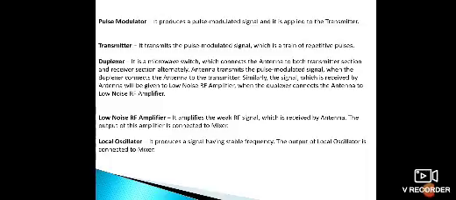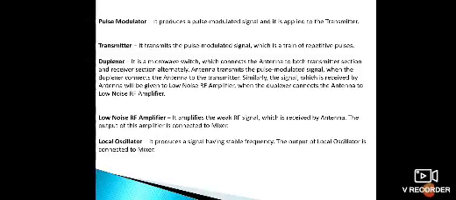So the pulse modulator produces pulse modulated signals, and that can be applied to the transmitter. What the transmitter does is transmit the pulse modulated signals, which is nothing but a train of pulses, to the duplexer.